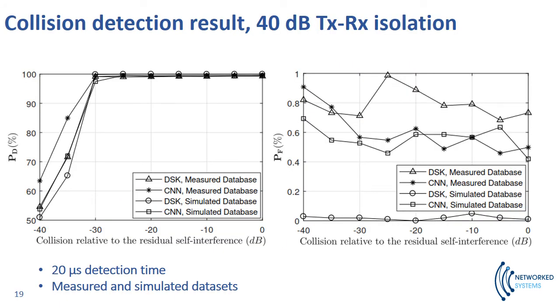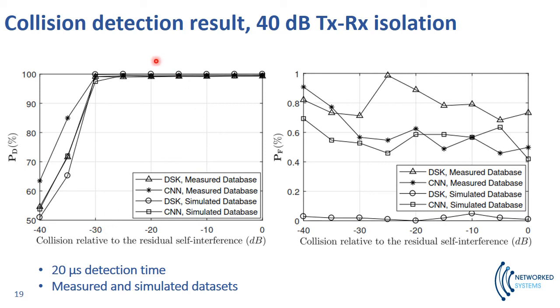Here are the test results for the measured database as well as the simulated database, which is produced by MATLAB. In this case, we had 40 dB isolation between TX and RX, and the detection time is 20 microseconds. The x-axis shows how much weaker the collision is than the residual self-interference.